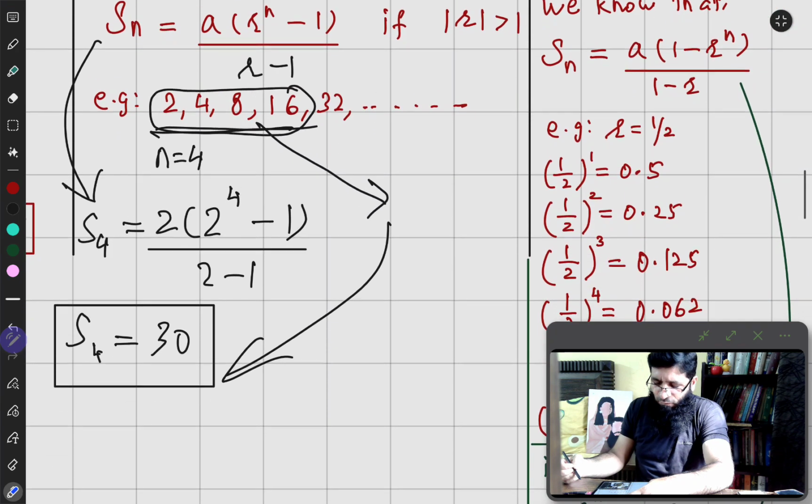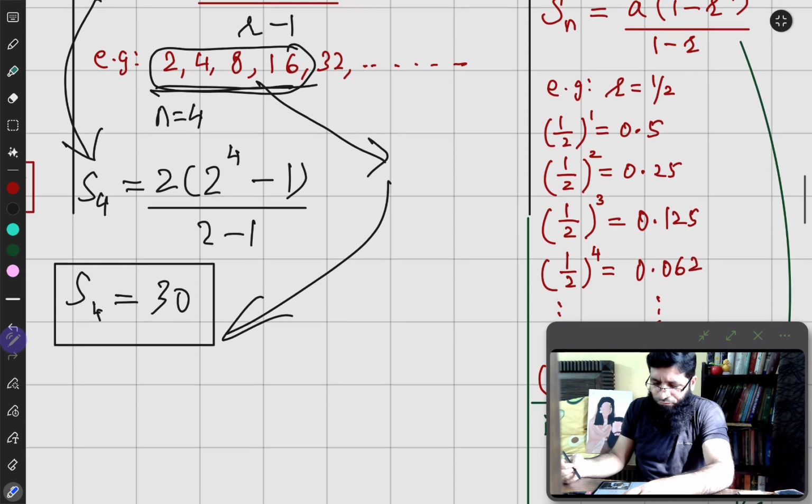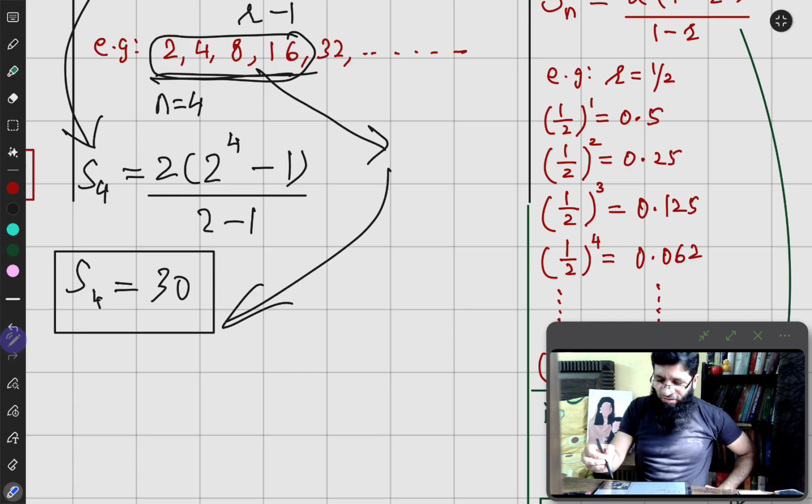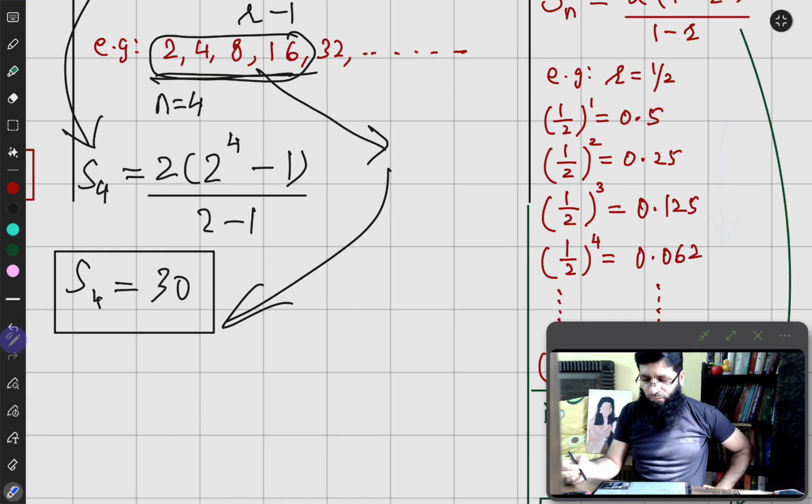Now let's have an example. For example, r is 1 over 2. If you have 1 over 2 to the power 1, that will be 0.5. 1 over 2 to the power 2, that will be 0.25. Similarly, you can see that if you increase the power of 1 over 2, the result is decreasing.